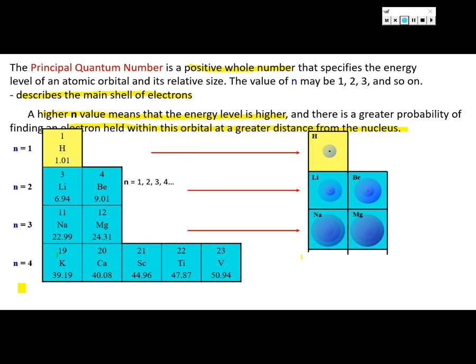Okay, so the main shell still corresponds to the distance from the nucleus. So he was good with that. And like I said, when you do questions, you are usually given this number to kind of guide you, where is this element? But as you can see, depending on what row you're in, there are quite a few elements. So describing an element by its n value isn't so useful. It's not so unique, but it forms a good basis for us.